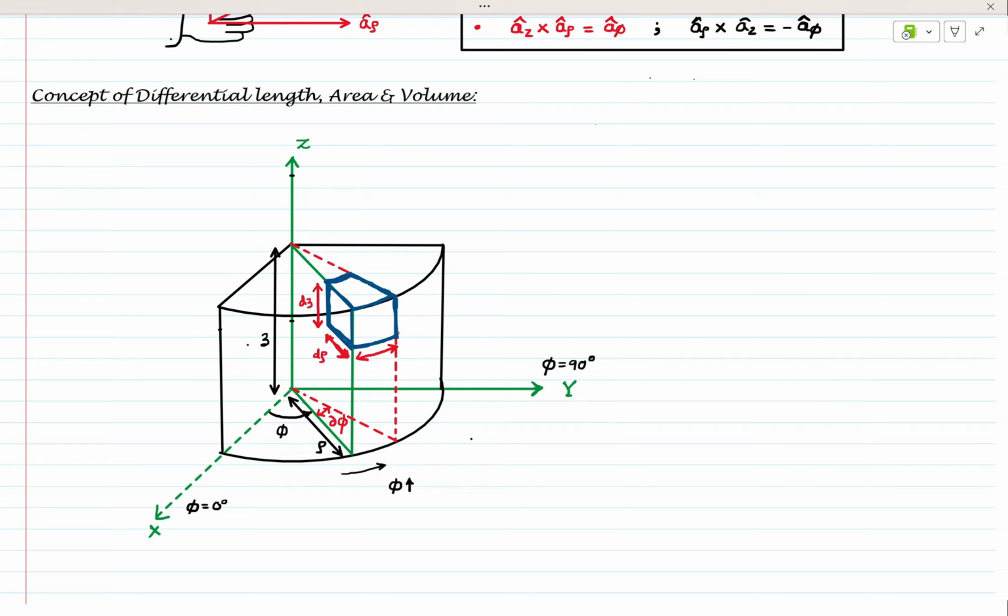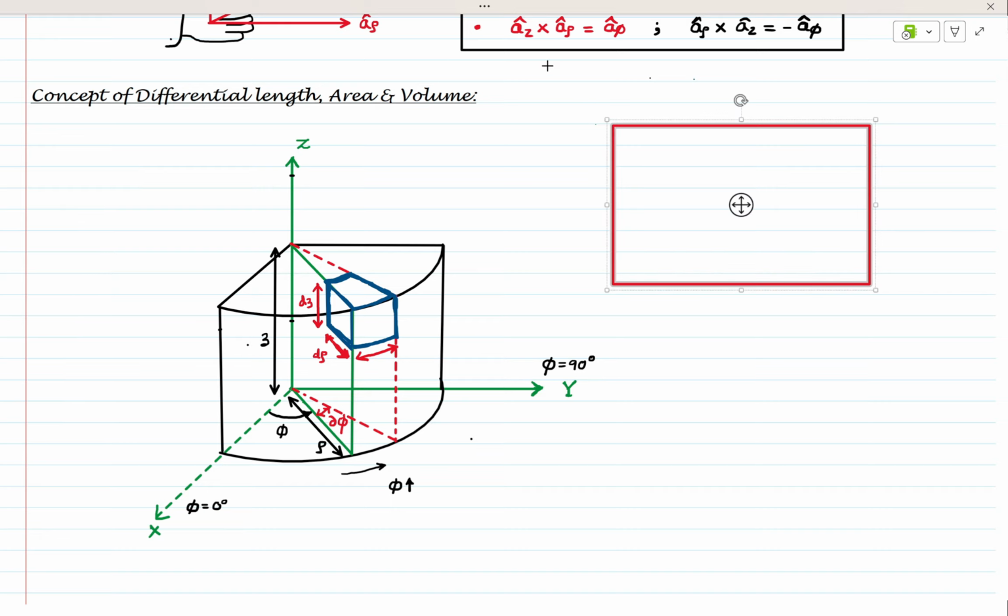What will be the width? First understand this concept. There is a concept of the circular radius.